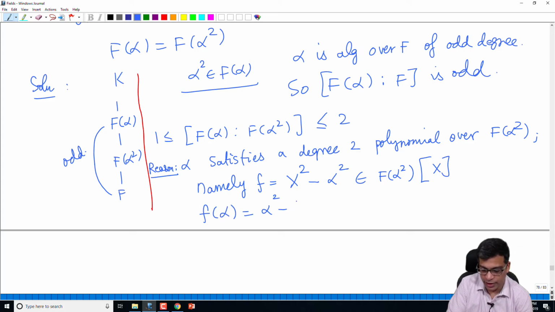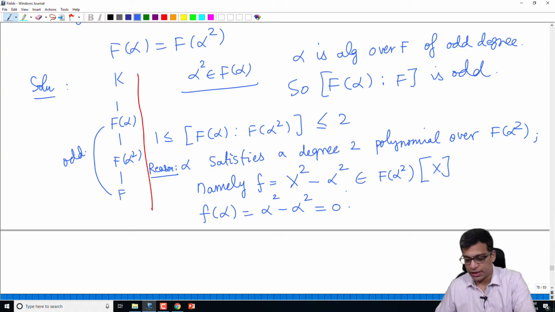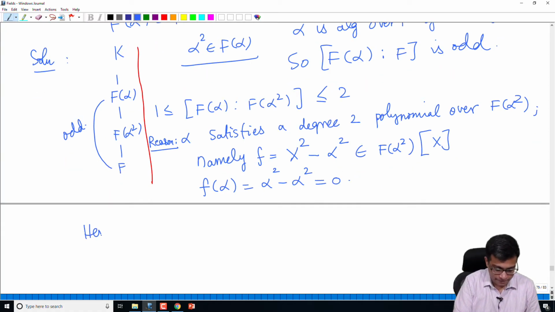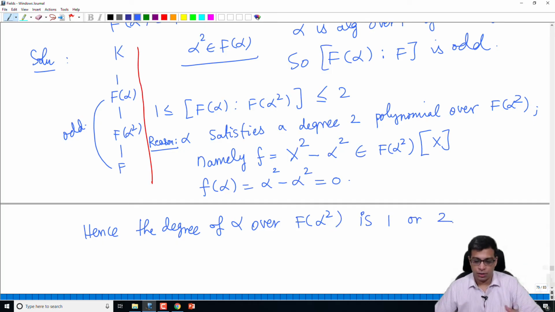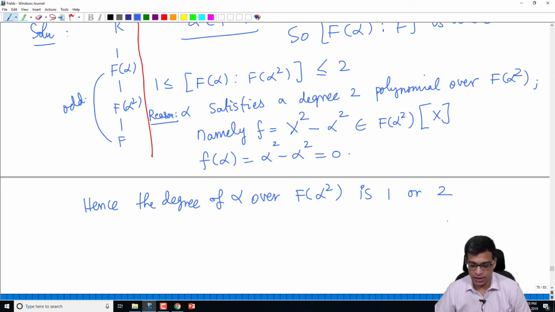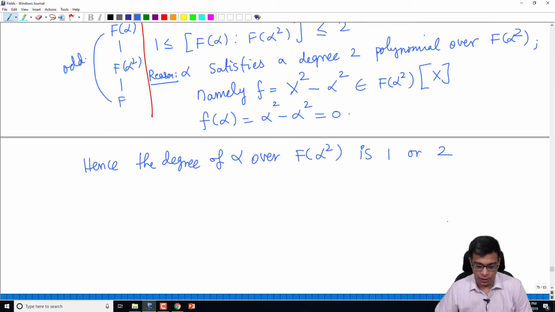This is alpha squared minus alpha squared, which is 0. So alpha satisfies a degree 2 polynomial. Hence, the degree of alpha over F(alpha squared) is 1 or 2. It may not be 2, right? Because maybe alpha itself is in F(alpha squared). So it can be 1, but it cannot be more than 2 because it satisfies a degree 2 polynomial.